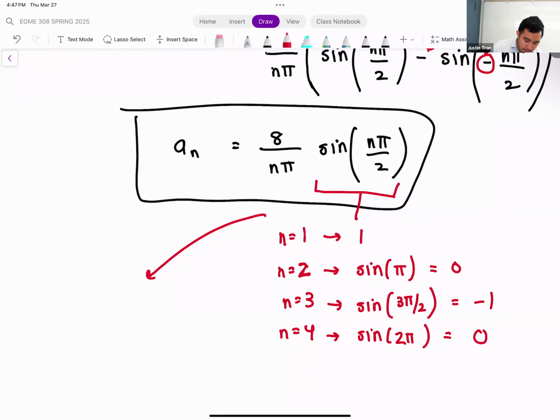And so this tells us that for all even values of n, whenever n is an even number, then an is going to be equal to 0 because of this sine of n pi over 2.